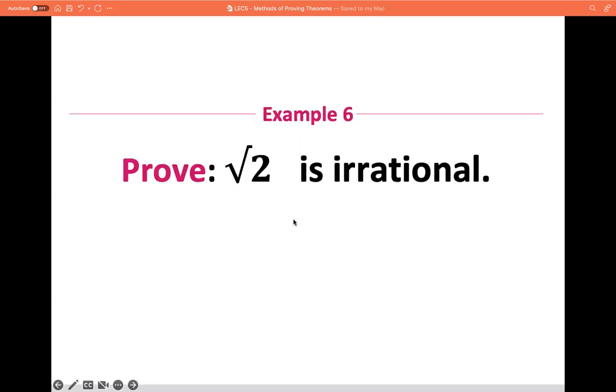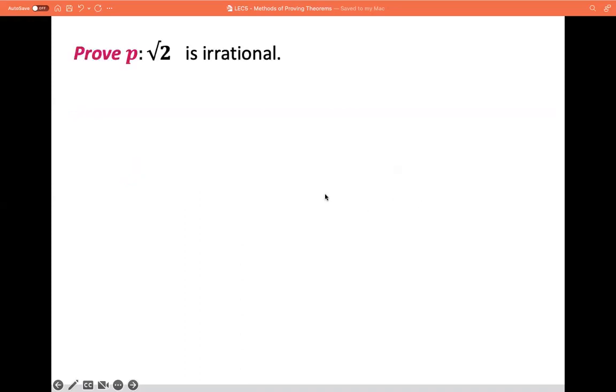Now, for the first example, let us try to prove that square root of 2 is irrational. How can we prove this? We start by setting a proposition P to be: square root of 2 is irrational.